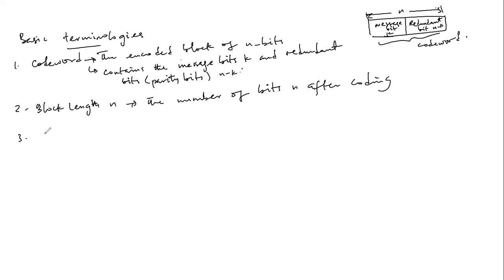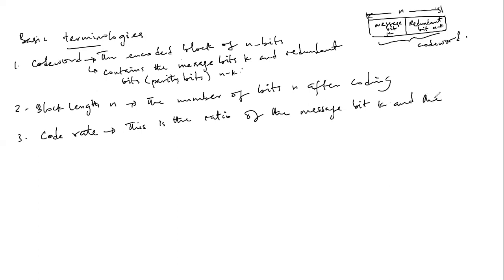We have the code rate, and this is the ratio of the message bits k to the encoder output bits n.